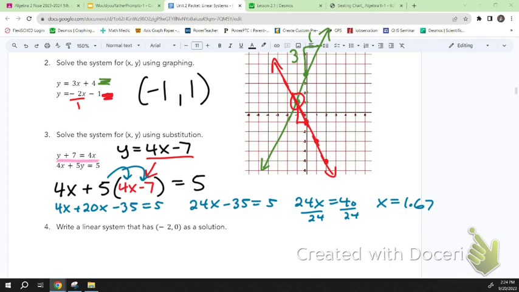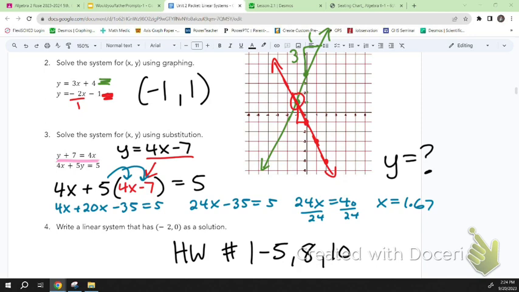When you're ready, you can check. Am I done after I find x? Nope. Go back and solve for y. So finish it. Solve for y. Try to solve for y now. Plug it back into one of the original equations. Plug it back into an original equation.